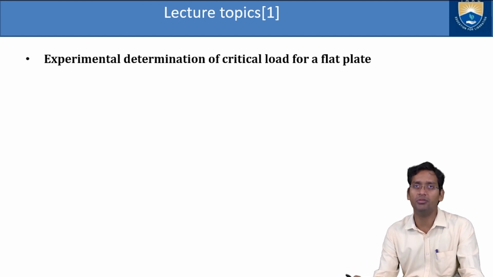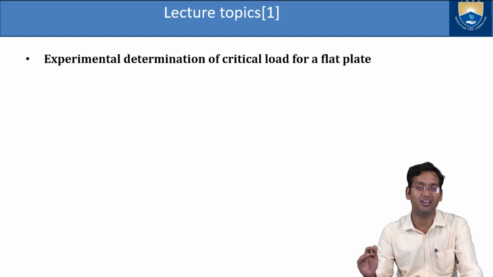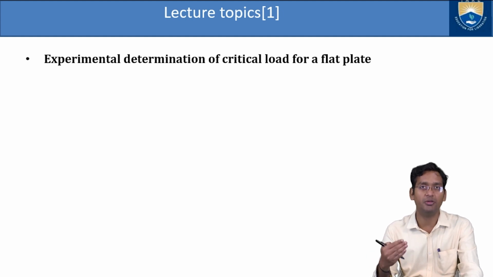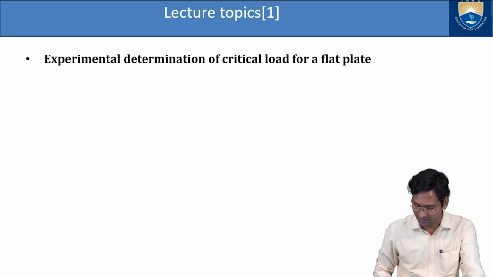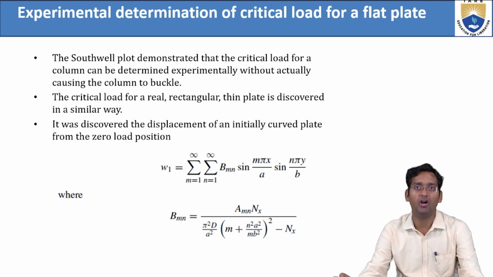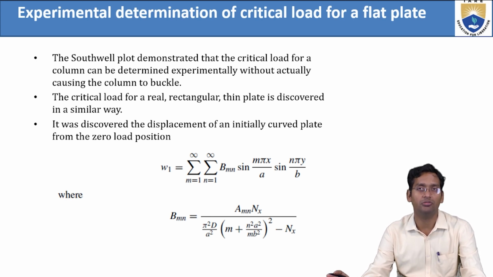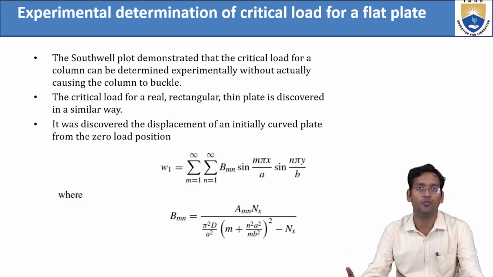Now in this video, we will see how to find it by experiment. Here we will not do any experiment, but I will tell you the procedure to find the critical load experimentally. The Southwell plot, which we have also seen earlier, demonstrated that the critical load for a column can be determined experimentally without actually causing the column to buckle.